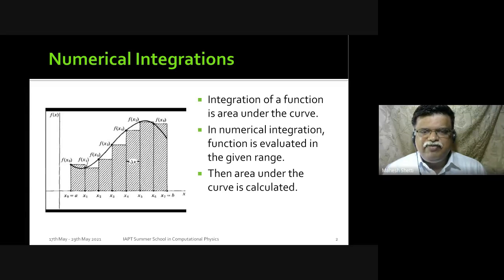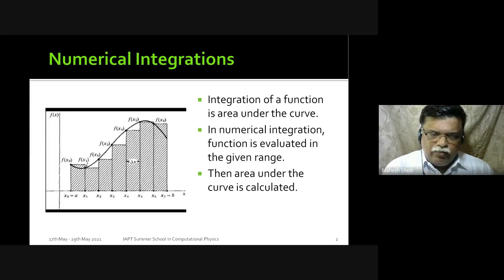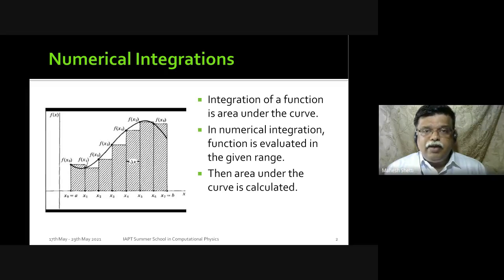And why are they going to be difficult? Because you're going to calculate the area under the curve. The area need not be finite. That could be problem number one. Problem number two is, though the area is finite, there is no guarantee that the area under the curve itself can be written as another function. Say for example, integration of cos x dx, you say it is sin x.